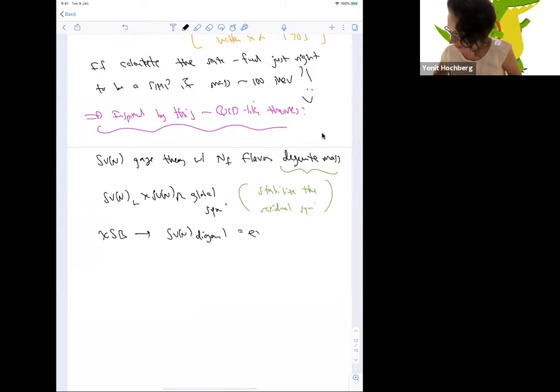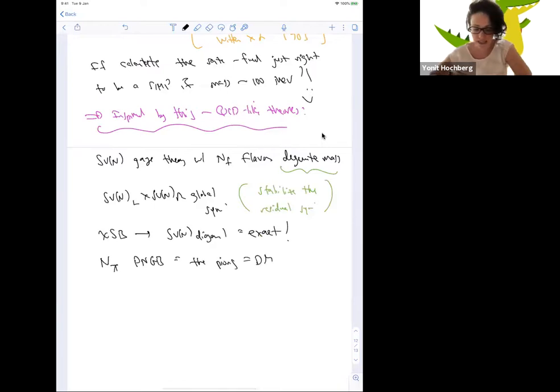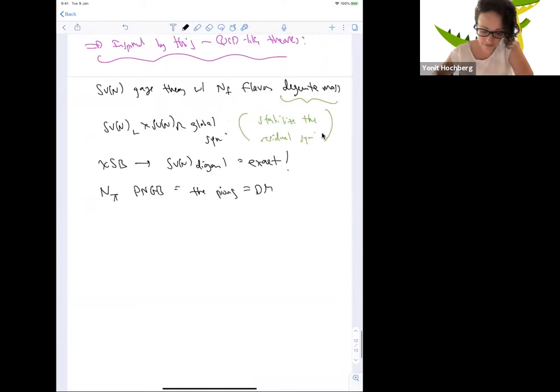Because of this degenerate mass, this is now an exact global symmetry of our low energy theory. And we're going to have some number n_pi of pseudo-Nambu-Goldstone bosons. This is what I'm going to collectively call the pions, and these are excellent candidates to be dark matter. And these theories have 5-point interactions through this Wess-Zumino-Witten term.